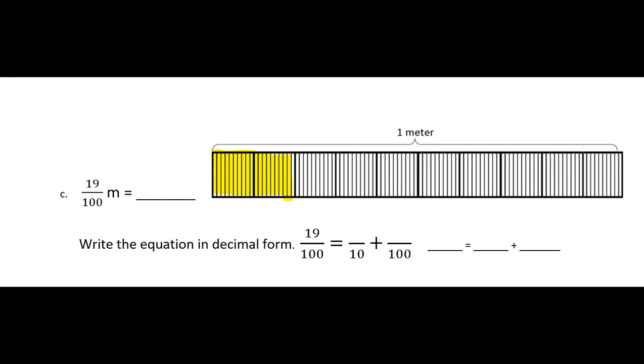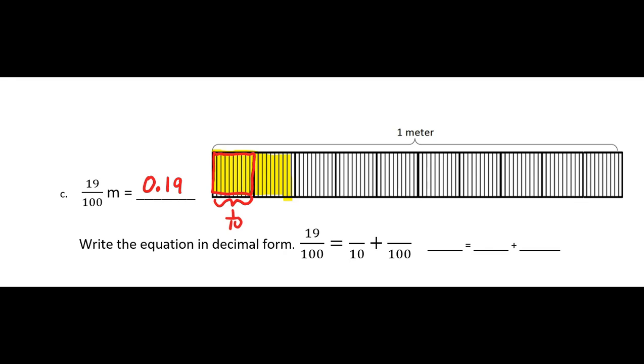I started this question by shading in 19/100ths. My meter has been broken into 100 little pieces. Each one of those was 1/100th, and I shaded in 19 of those. To write that in decimal format, I would write that I have 0 whole meters and I have 19/100ths. Now what you can see is that we can compose 10 of those hundredths into 1/10, because it takes 10 of these pieces to make the entire meter.